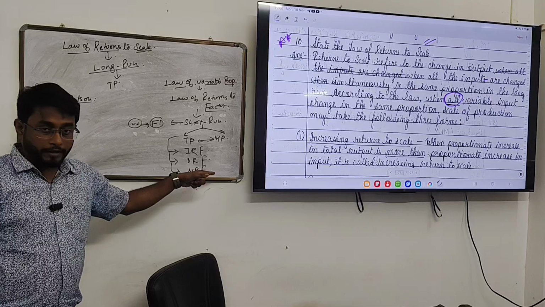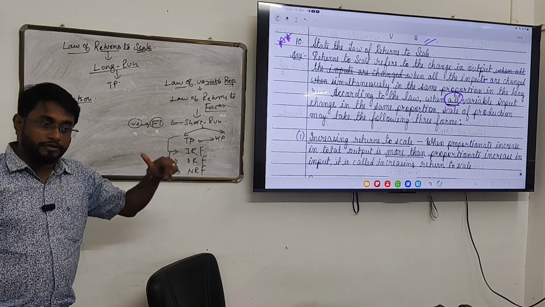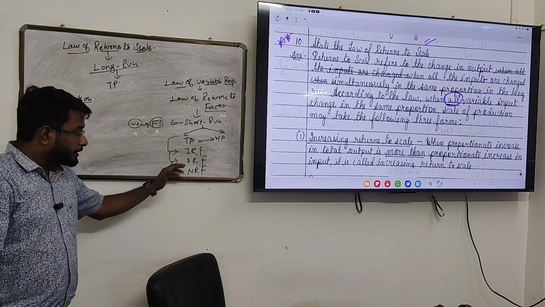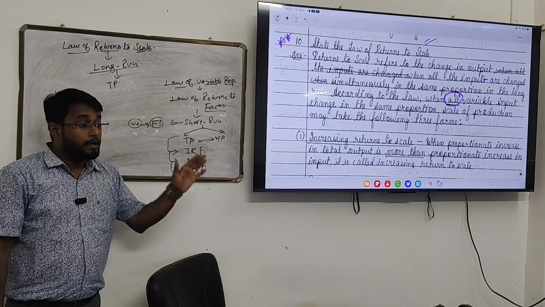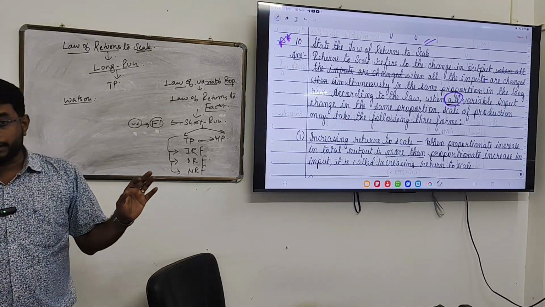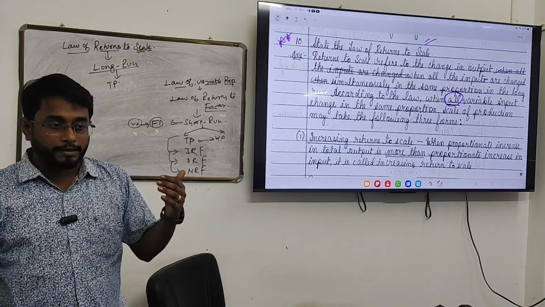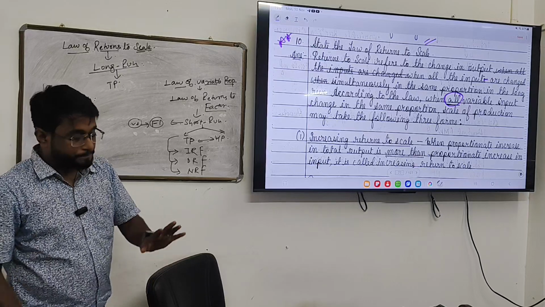Increasing returns to a factor, where total production increases at an increasing rate and marginal production increases. Decreasing returns to a factor, where total production increases at a decreasing rate and marginal production falls. And negative returns to a factor, where total production after reaching maximum falls, and marginal product becomes zero and negative.